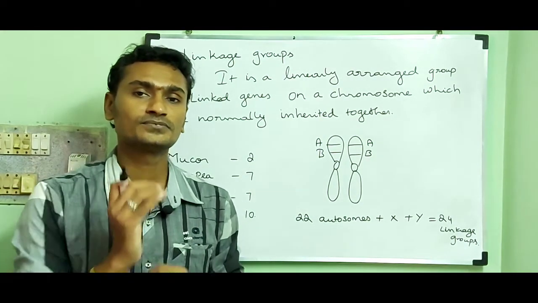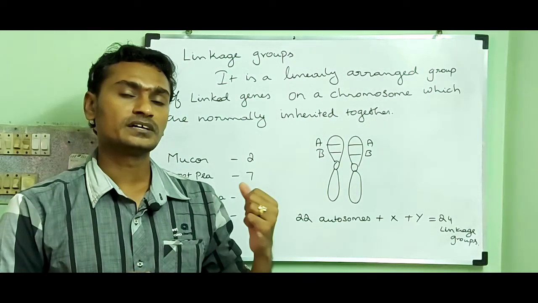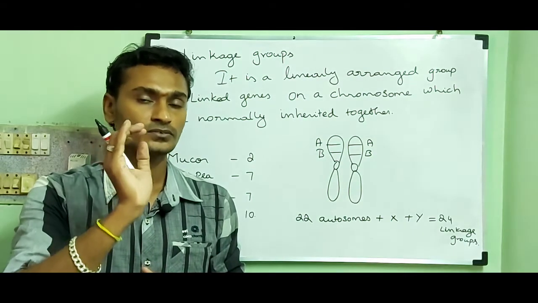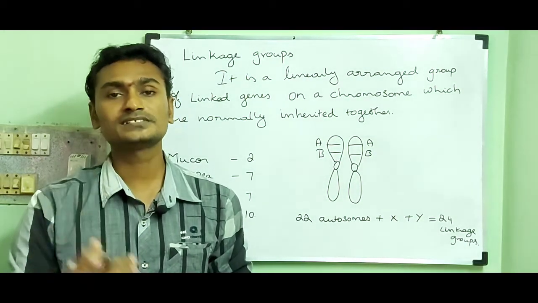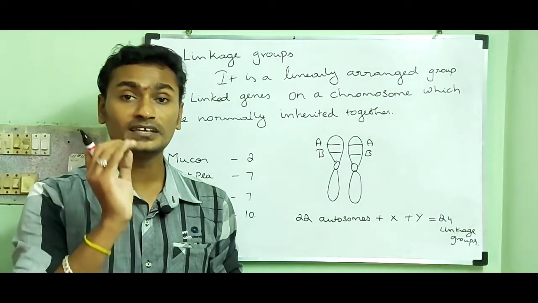Actually, Drosophila contains 4 linkage groups in the female. While in the case of the Drosophila male, it has 5 linkage groups.